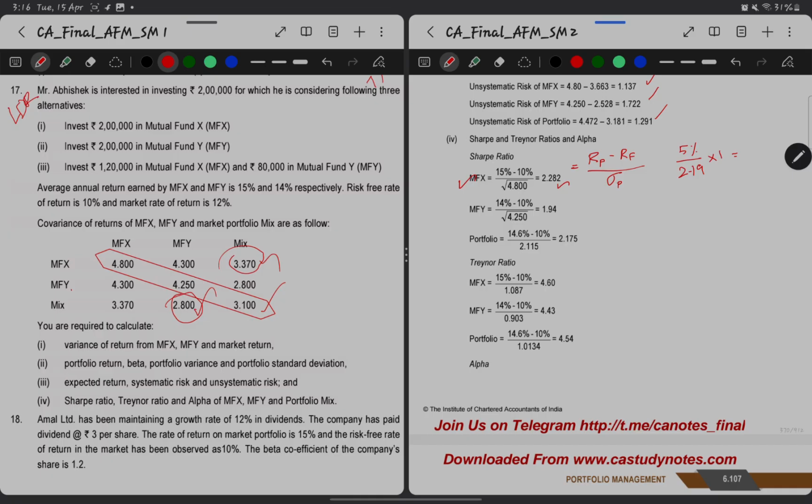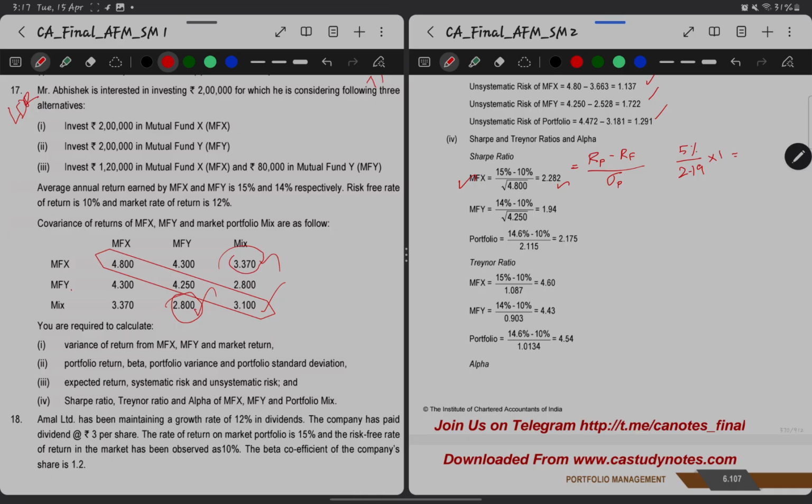In the second one, same case, 14% is the portfolio return minus the risk-free return, divided by the risk of MFY, here nothing but the root of variance, the standard deviation is the risk.